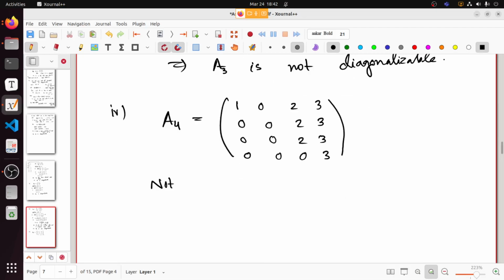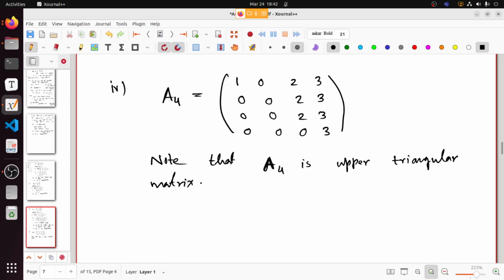Note that A4 is an upper triangular matrix, so the eigenvalues are just the diagonal entries.